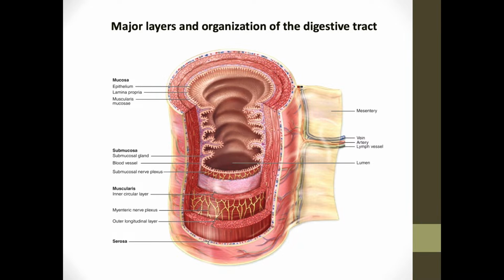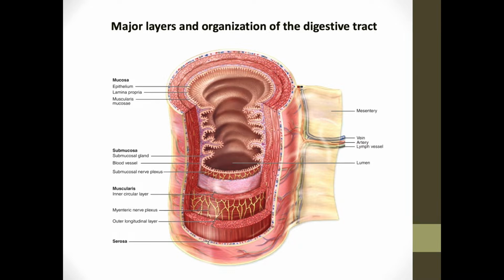In the esophagus, the epithelium is non-keratinized stratified squamous epithelium, but in the stomach, we have simple columnar epithelium.